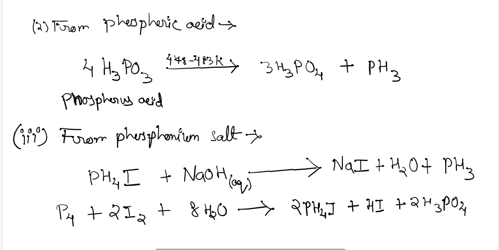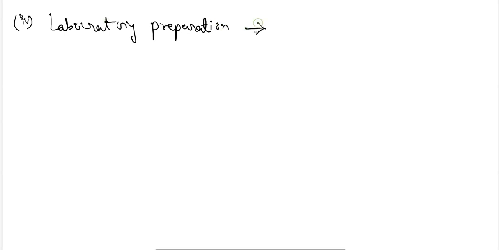The next is the laboratory preparation. For the laboratory method, we will use white phosphorus with concentrated NaOH in an inert atmosphere of carbon dioxide.